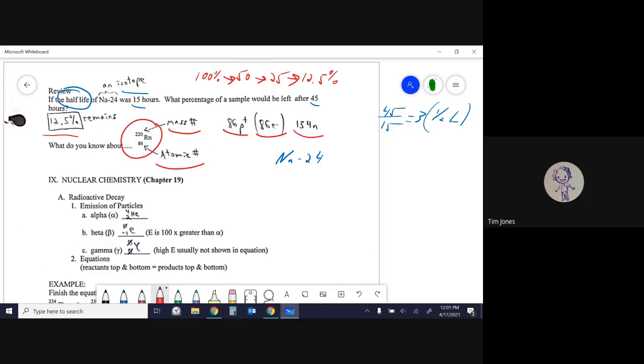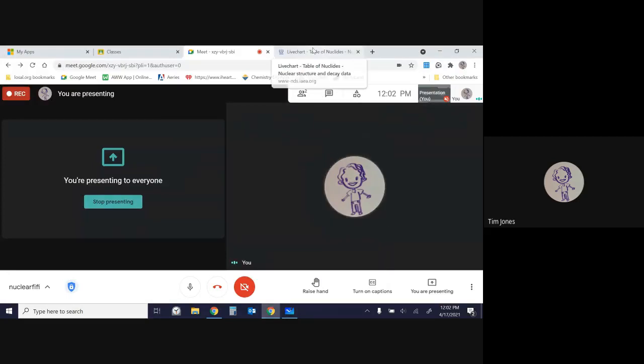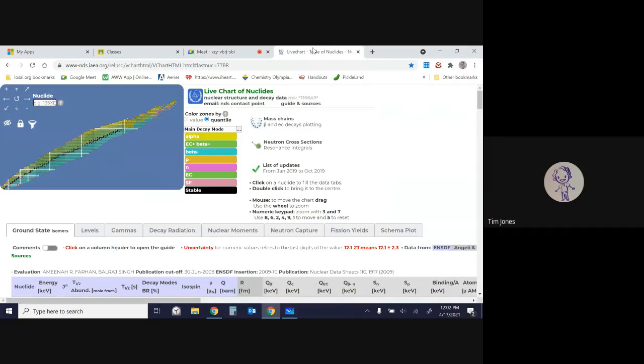Now, what's interesting is that the periodic table does not show isotopes. It shows each element and its average mass of all the isotopes as we have encountered them so far. So I'm going to go to a site that I found recently that shows the isotopes. So this chart here, these are all the isotopes that are known.